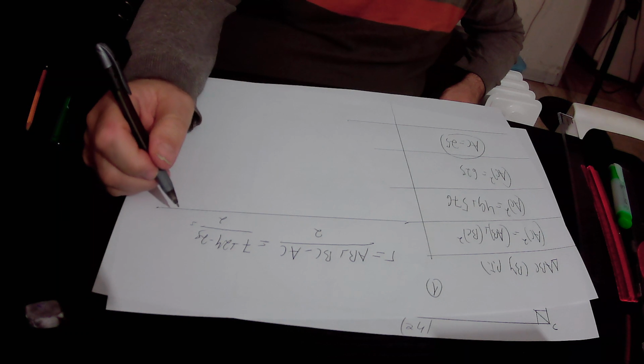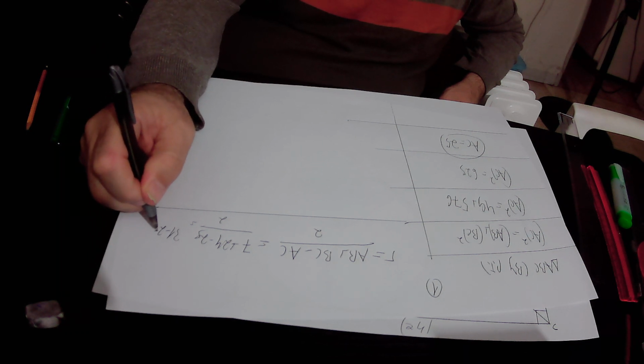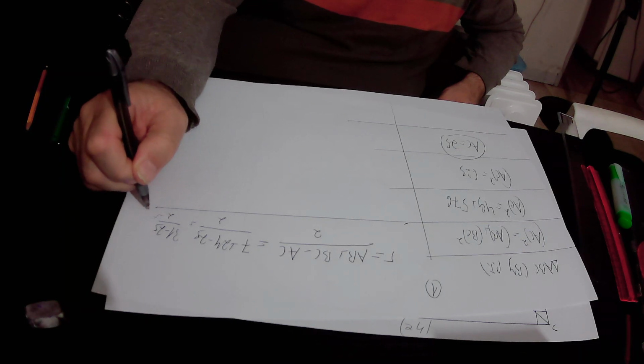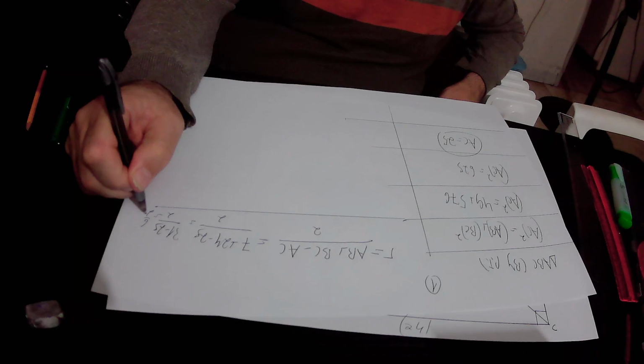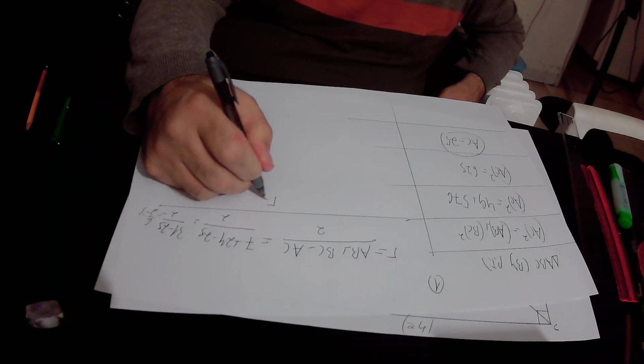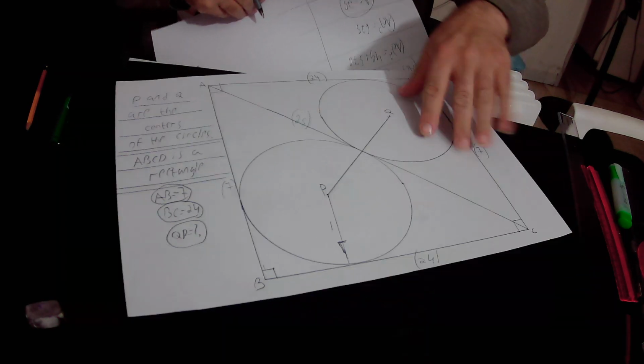So 7 plus 24 is 31, and 31 minus 25 is 6, and 6 over 2 is 3. So finally we found out that the radius of this circle R equals 3 units.